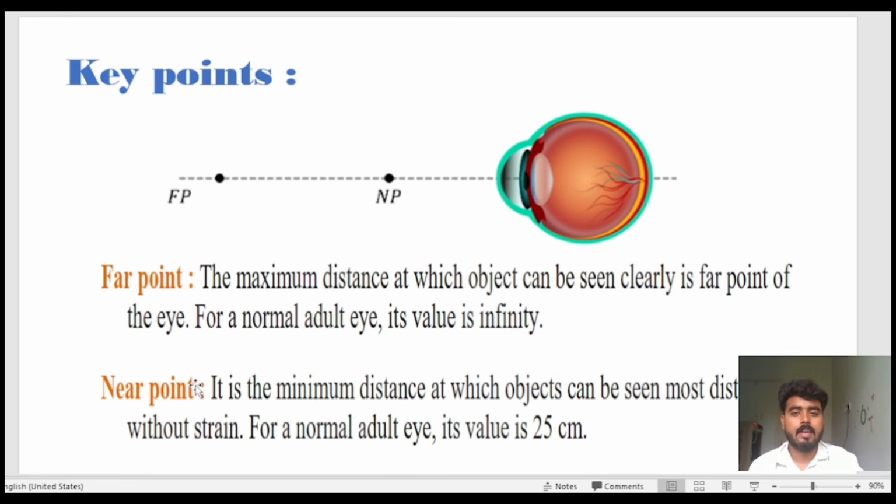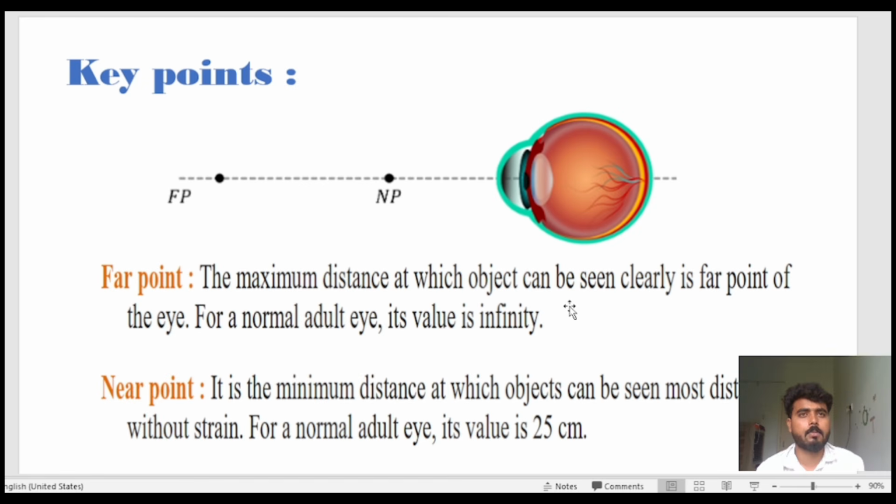Okay. The maximum distance at which an object can be seen clearly is the far point of the eye. Someone is standing there. We are sitting here. We can see the people there. We can't identify who is standing there, but we can see that a boy or a girl is standing there. Okay, how is it possible?